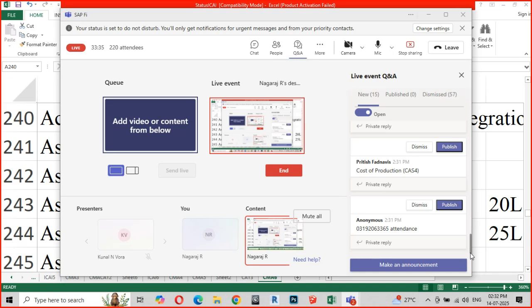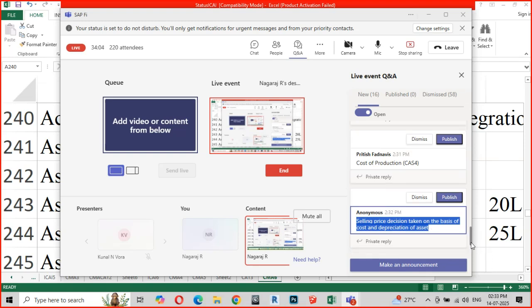So this area of depreciation gives the management very critical information as to what should be the costs of the product, so that I can fix up my profits. Absolutely. Selling price decision taken on the basis of it, perfect. So you agree with me?